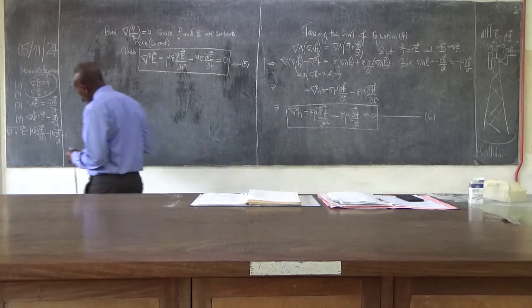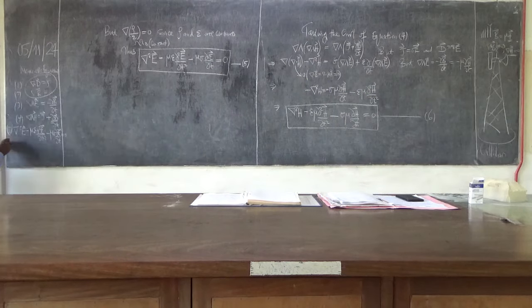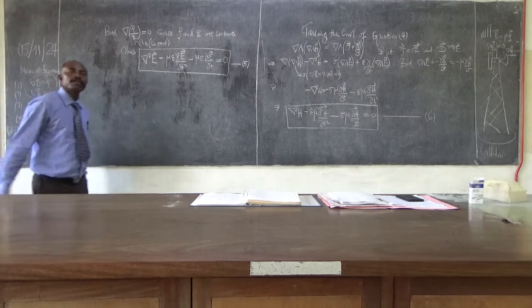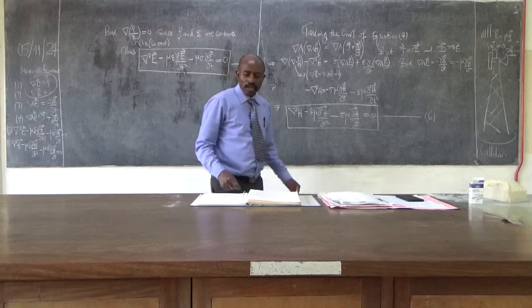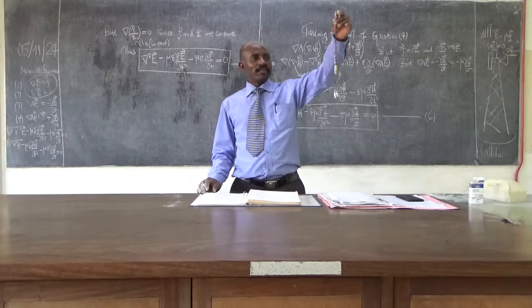So I have 6 here: grad squared H minus mu epsilon ∂²H/∂t² minus mu sigma ∂H/∂t equals to 0. So this is within this wire.